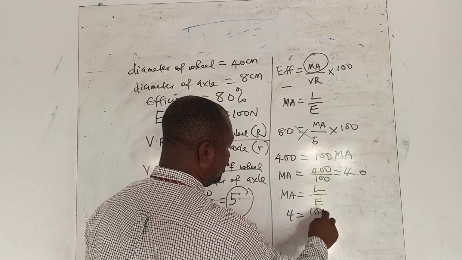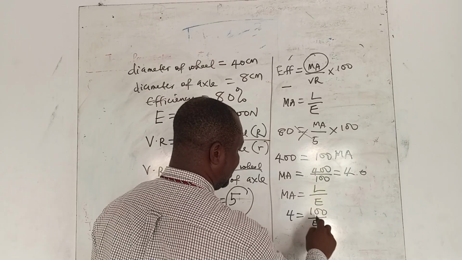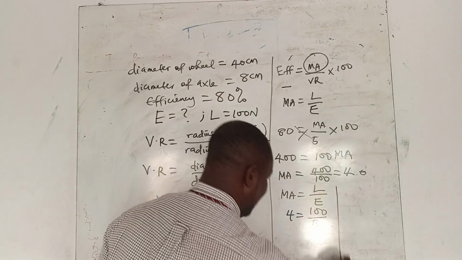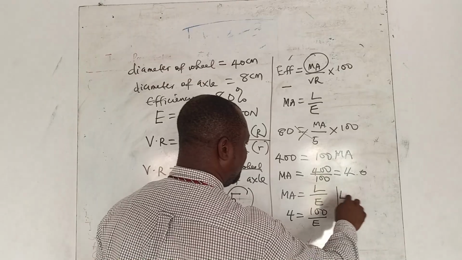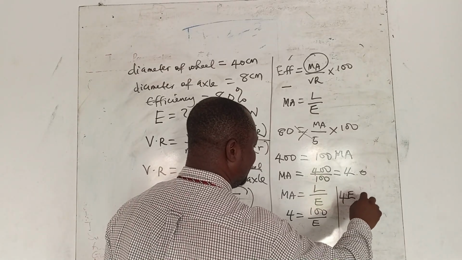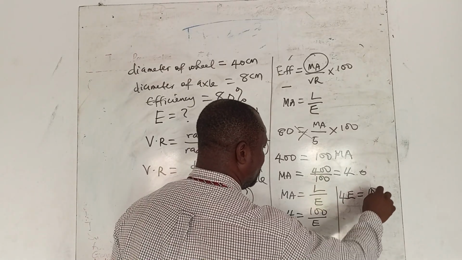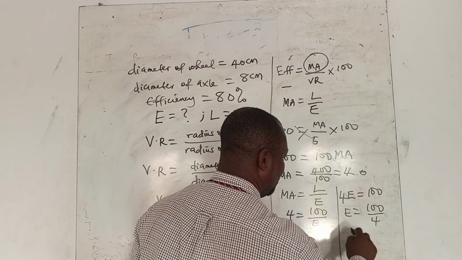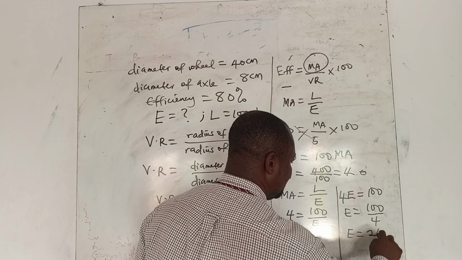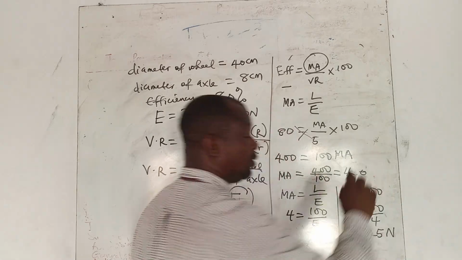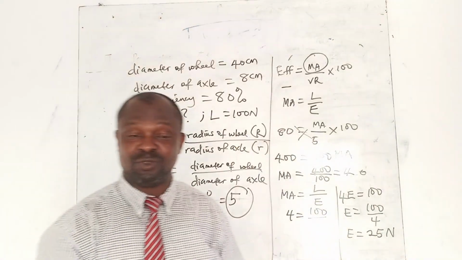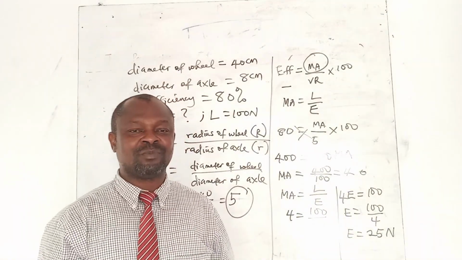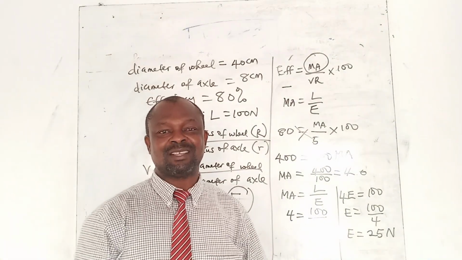Yes, 100 divided by effort. So 4 times effort is equal to 100. Effort is 100 divided by 4. Effort is 25. Effort is a force, so it is 25 newtons. It is as simple as that.